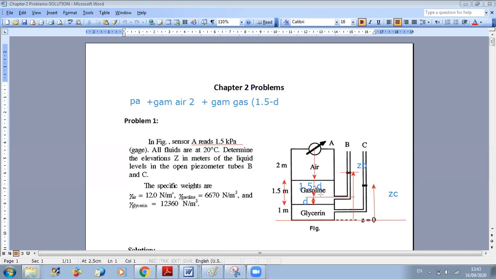Because you want to reach this level here, because you want to know what is the height of the fluid in your tube. So if you move from A to the tube, you should stop here and go in a straight line. So what you are going down in gasoline is not 1.5, it's 1.5 minus D.